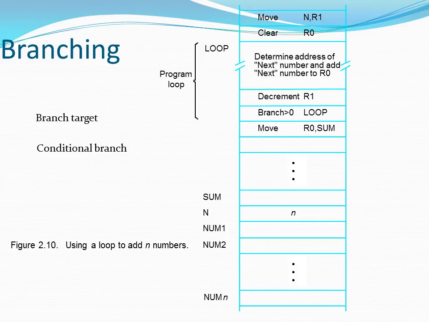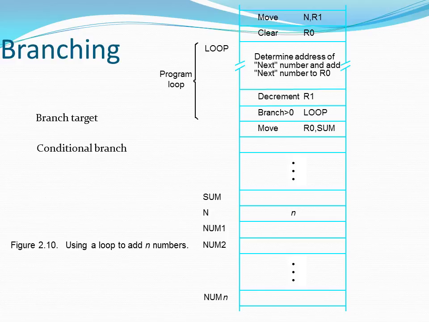This information is transferred to r1, and here we use one register r0, and that r0 is cleared, and here we can start our loop operation. So determine the address of the next number and add the next number to r0. We don't know what the next number address is, so in the loop we find out the address of the next number, and we add the next number to our r0. So the loop will continue.